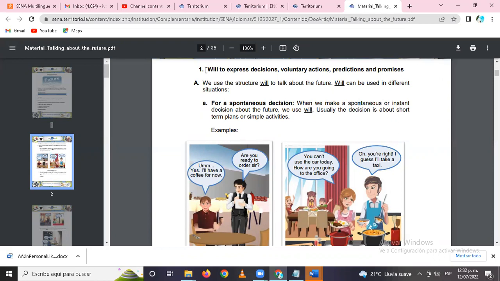But here, the first one, we can use will for a spontaneous decision. Something you decide to do now, at the same time you're speaking. That's a spontaneous decision. Eso es una decisión espontánea. Es una decisión que yo tomo cuando estoy hablando.